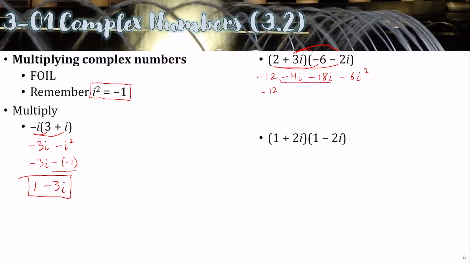Well, I can combine the i's, so that would be negative 22i, and i squared is negative 1. So that would become plus 6. And combine that with a negative 12, so it would be negative 6 minus 22i.